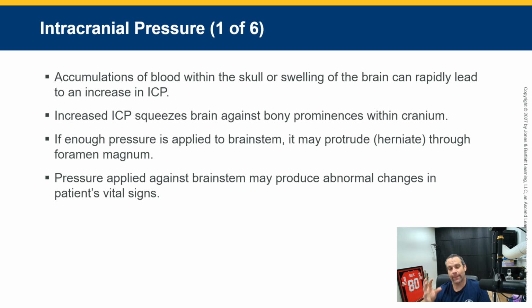As we remember, what's in the base of the skull near the foramen magnum is your brainstem. So if that herniation is occurring, you have pressure going towards that brainstem, and it starts to compress it. This is where your consciousness, your breathing, your heart rate, and your blood pressure control become at risk, because now your brainstem is in trouble, essentially.